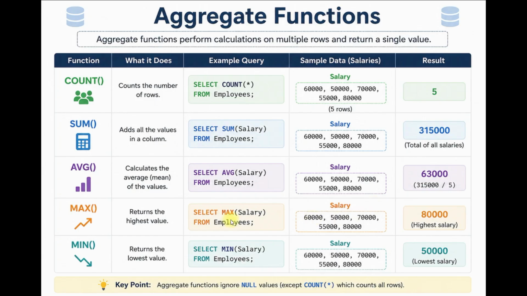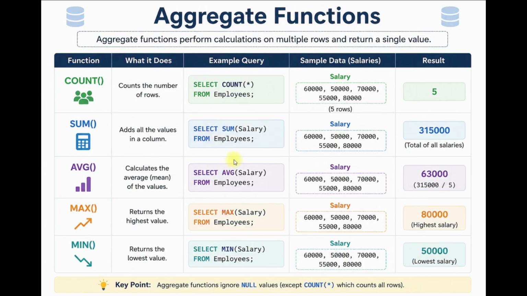And for example, you want to know the maximum salary you are paying. It returns the highest value in the table, which, if you see here, is 80,000. And in the same way, minimum returns the lowest value. Minimum is, we can see here, 50,000.